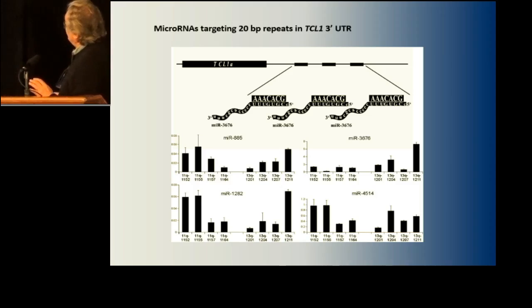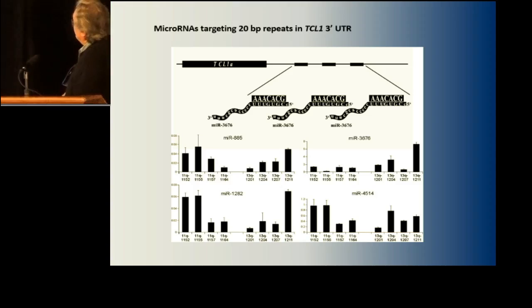So we thought that this triplet could be targeted by specific microRNA, and by targeting these three separate target sites of this gene, that could result in degradation of the target messenger RNA and in a block of translation of TCL1.